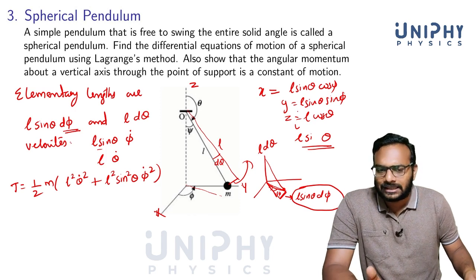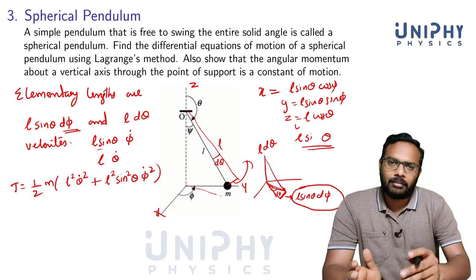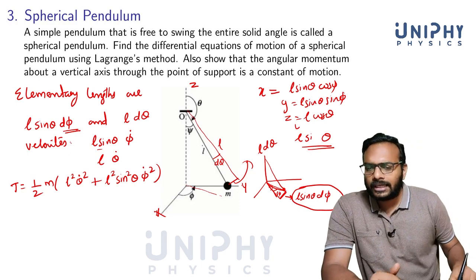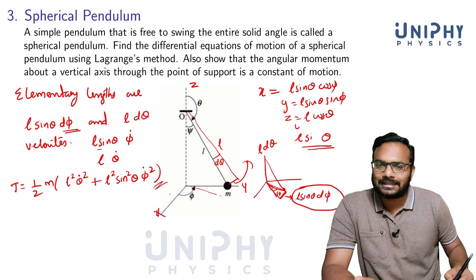We can find T is equal to half m x dot square plus y dot square plus z dot square, and in the end you will get exactly this thing.